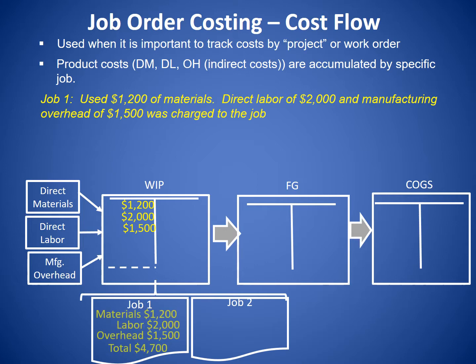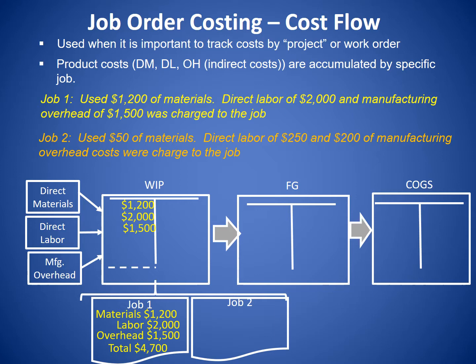Okay, now what we do is we post all those costs to the job cost sheet called job number one, which has materials of $1,200, labor of $2,000, and overhead of $1,500. So the total amount of products charged to job number one is $4,700.